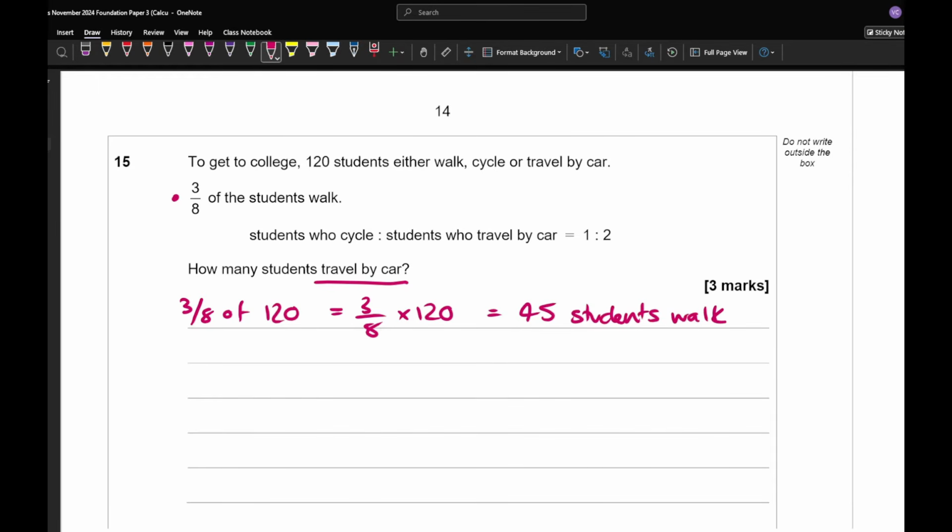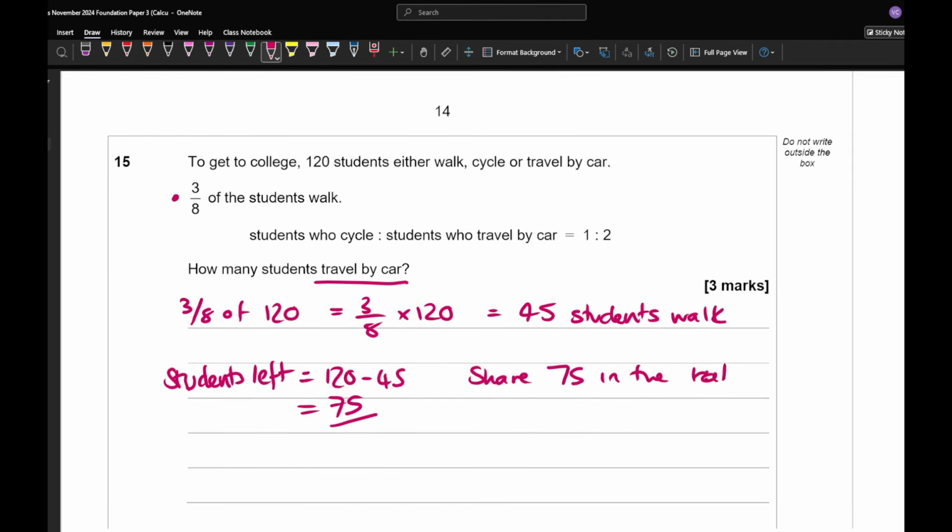Now, how many students are left? So students left is going to be 120 minus 45, which equals 75 students. So what I need to do is then share 75 in the ratio of 1 to 2, where 1 is related to cycle and 2 is related to travel by car, which is what I'm after.